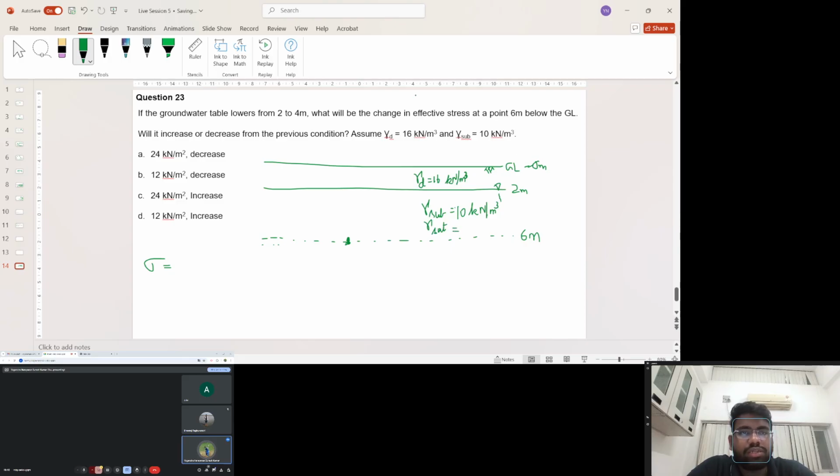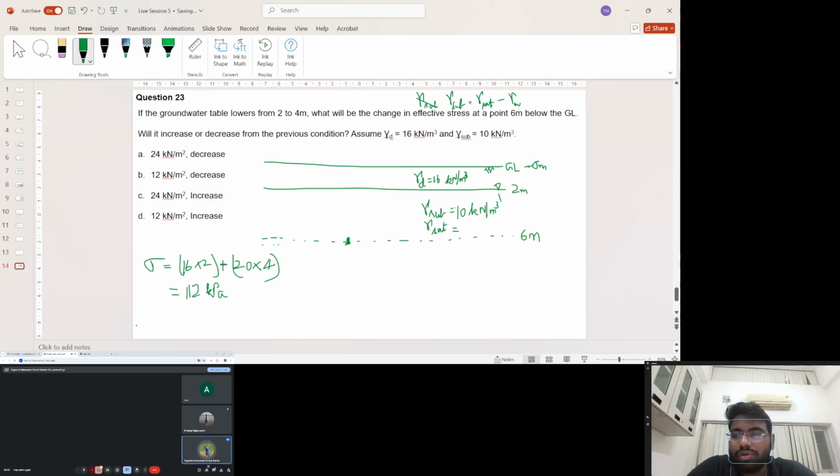Gamma submerged is defined as gamma sat minus gamma W. So the total stress is 16 into 2 plus 20 into 4, which gives us 32 plus 80, 112 kilopascal.